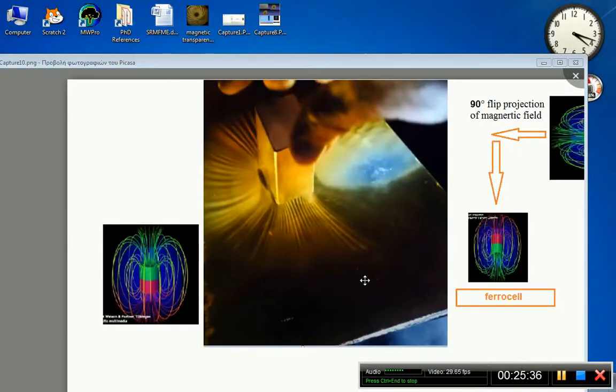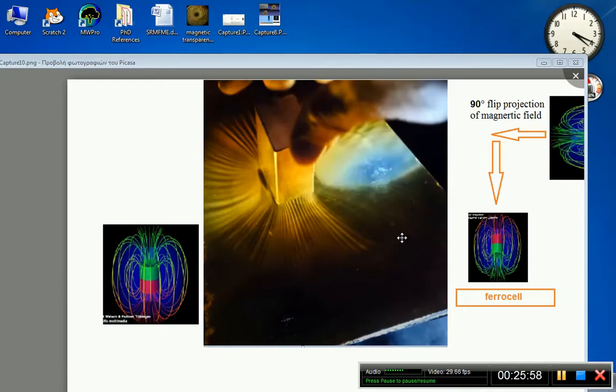So we can say in the case of Action Lab that this is a very rough ferrocell that is closer to macroscopic operation, because he uses very thick glasses, probably half a millimeter thick, and the cell is enormous.